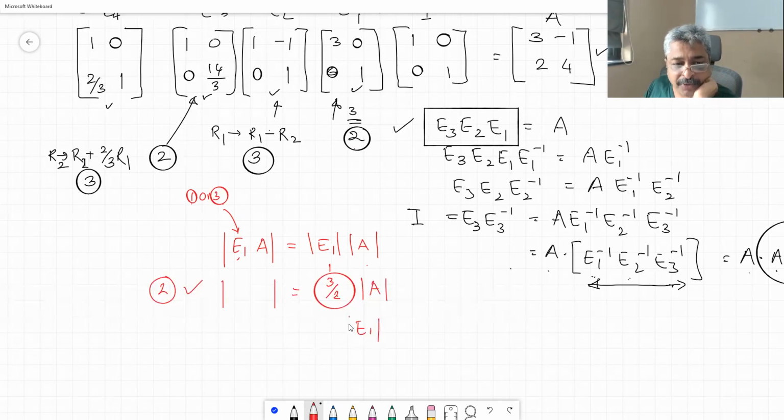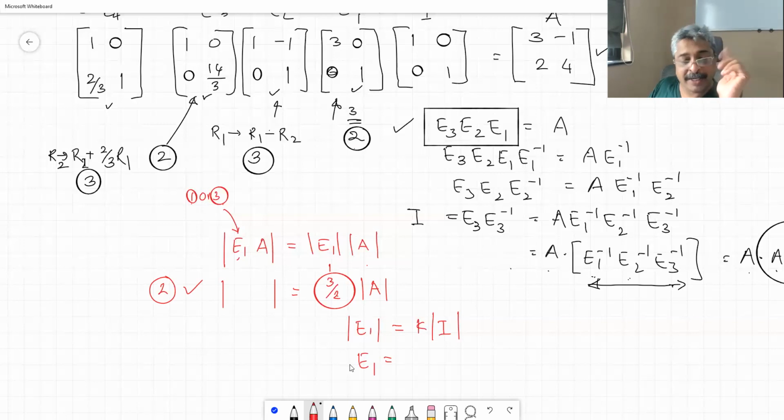E1 is the identity matrix with one of the rows multiplied by K. So when you take the determinant, you will take that K out. K times the determinant of I into A will be the LHS and 3 by 2 into determinant of A will be the RHS. So it will be true for the second.